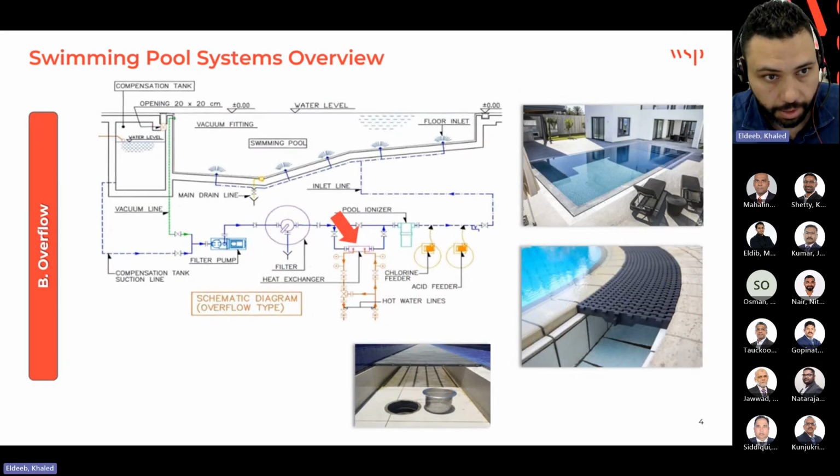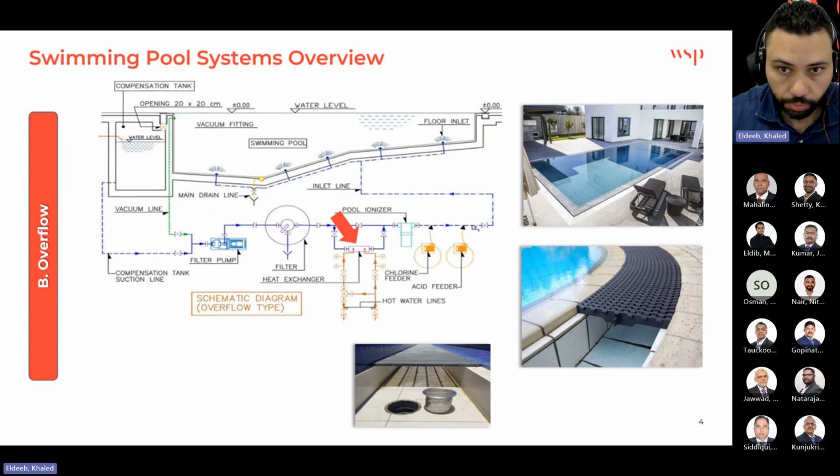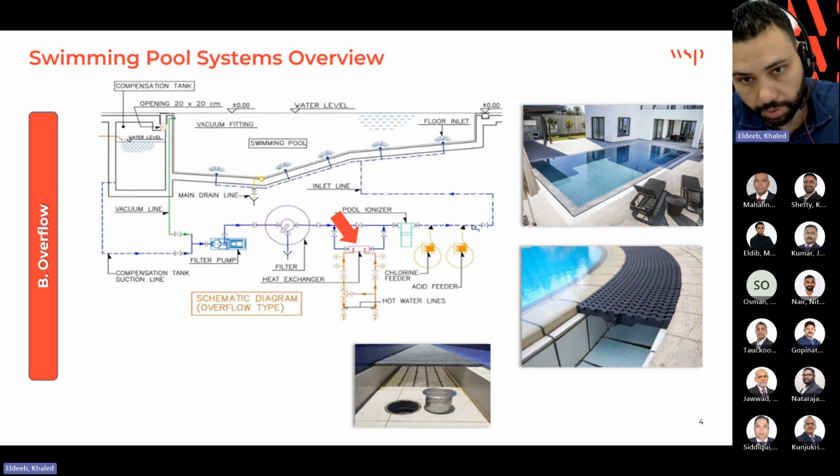As we discussed in the first session, if you remember, the concept of the overflow system is to allow the pool water to go to the same level as the pool deck, here at the top. As we see in the picture, the water collection happens through a drainage channel located around the pool perimeter, which was not the same in the skimmer type.